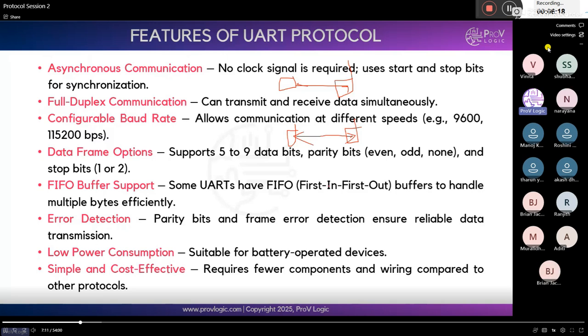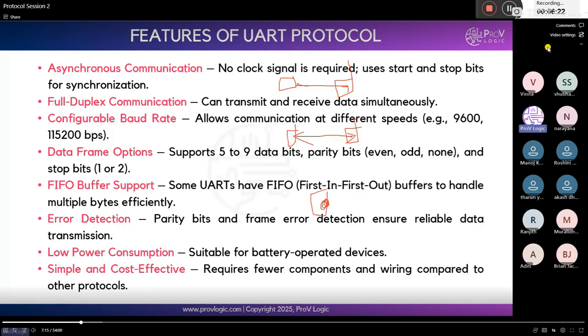Suppose this is your laptop, with a UART port or USB port, and you connect an external device, your mobile phone. Your mobile phone doesn't have UART or USB; nowadays we use C type or B type pins. So we connect UART to B type or C type pins. Okay, so how will the transmission happen between these two devices?